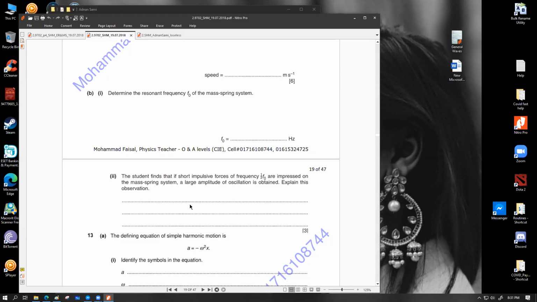Now, having a force applied at 6 hertz means you are going to provide force at every other oscillation, which means you are going to apply the force in the first oscillation, then you are not going to apply the force on the body in the second oscillation, then you're going to apply the force on the third oscillation.